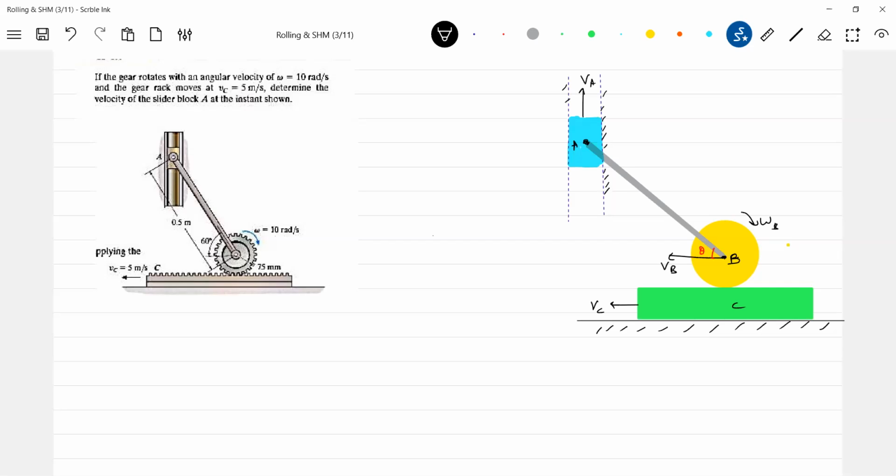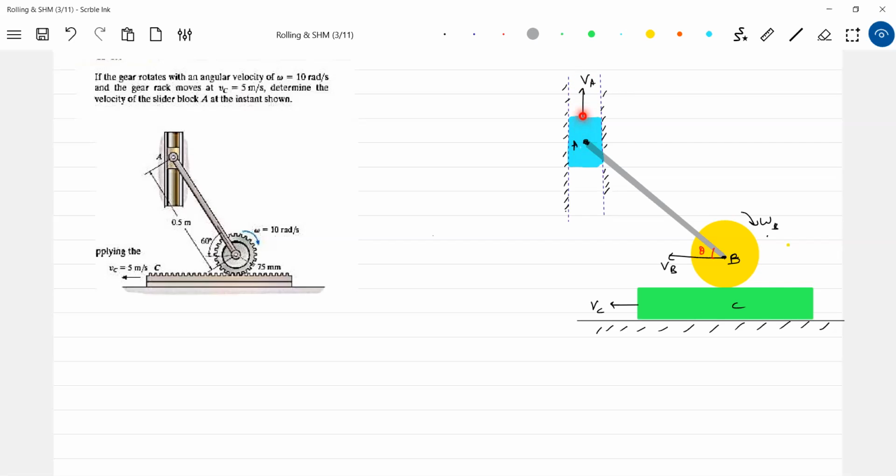Why the velocity of that particular rotating gear? It is clockwise, it is shown. So why should it be towards left only? Why not towards right? See, this is where your common sense should come into the picture.